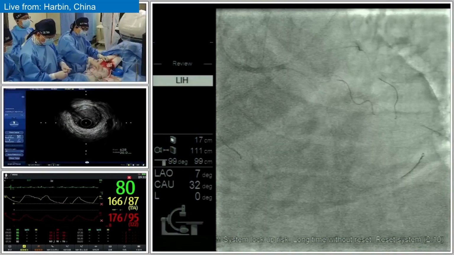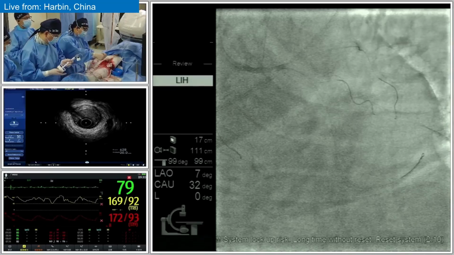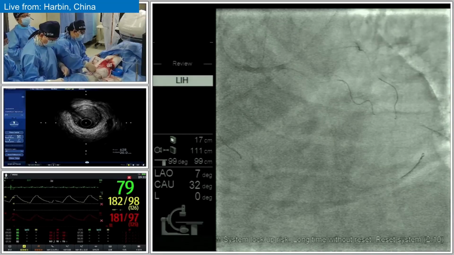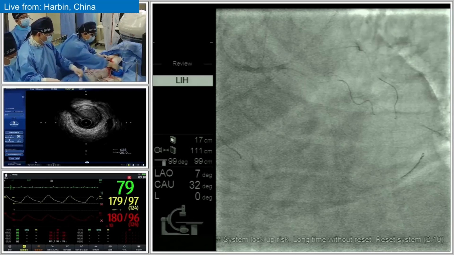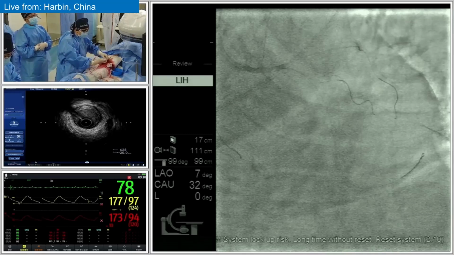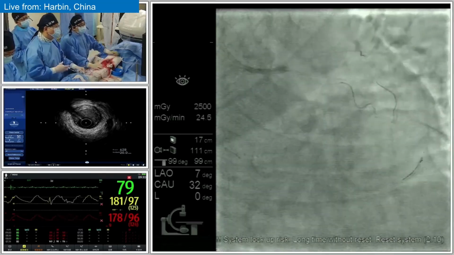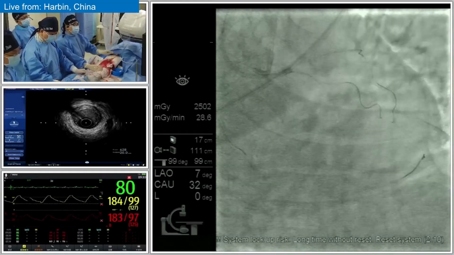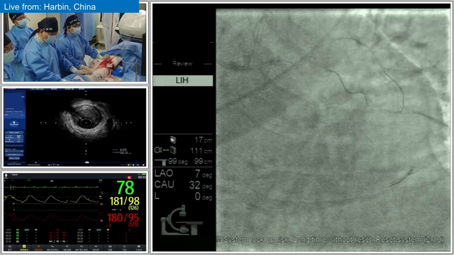So because there's a tapered cap, what kind of wire do you choose to penetrate the proximal cap? Yes. According to the different shaping of the proximal cap, there are different choices of the first wire.